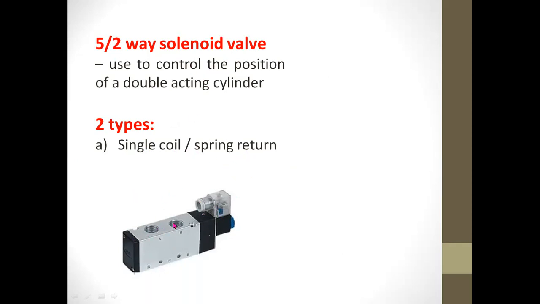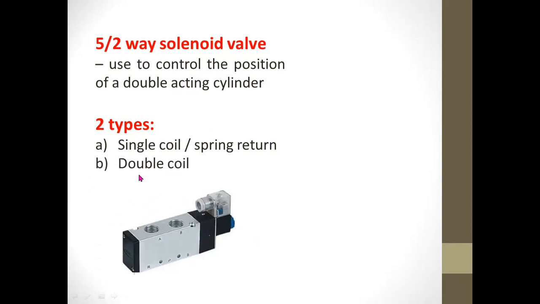You have two ports. The difference between the five two-way single solenoid and the three two-way single solenoid is the number of service ports: two for the five two-way and one for the three two-way. As I've said, the five two-way is intended for double acting, and the three two-way is intended for the single acting cylinder.